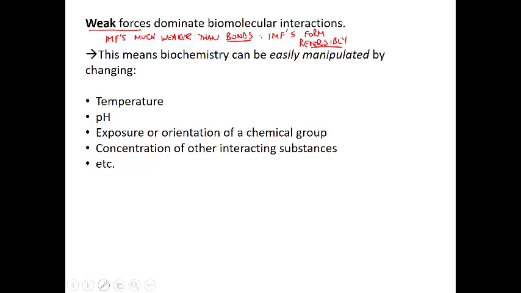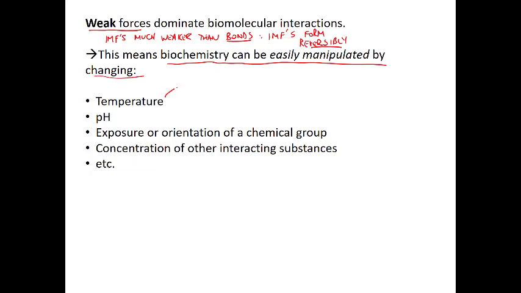And because intermolecular forces are reversible, all interactions involving weak intermolecular forces can be easily manipulated by changing your environment. So for example, temperature, pH, etc., can change the magnitude of your intermolecular forces.